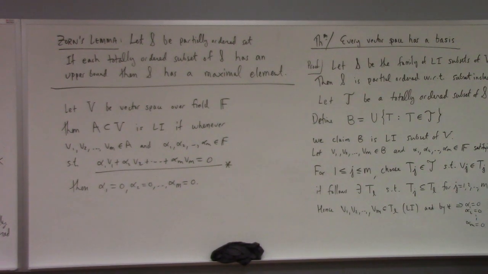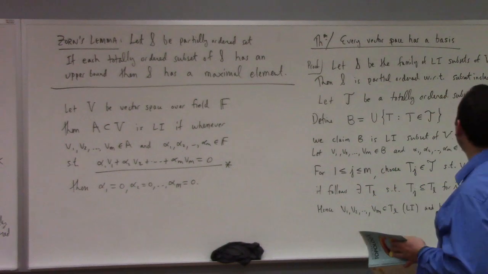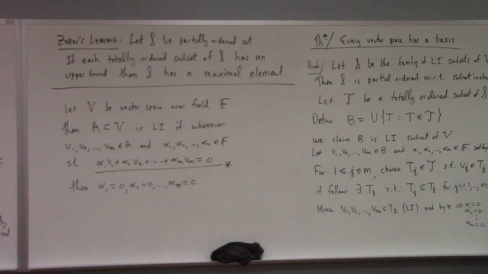I guess we did. Oh yeah, upper bound for script T. So that means, what do we got? We've just taken an arbitrary totally ordered set, and we have shown that an arbitrary totally ordered set inside this family of linearly independent sets has an upper bound. We have thus met the conditions for Zorn's lemma.